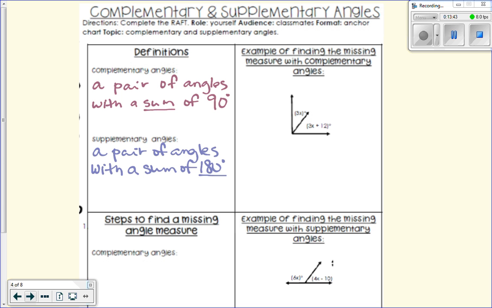Okay, and some students remember that complementary is 90 degrees by drawing a C for complementary, it makes a 90. And then for supplementary starts with an S. What do you think? Simple. Straight. Yeah. Okay, so do what works for you to help you remember those relationships there.